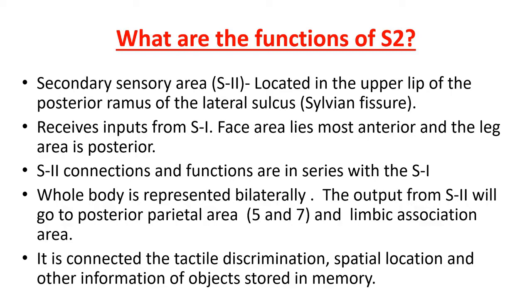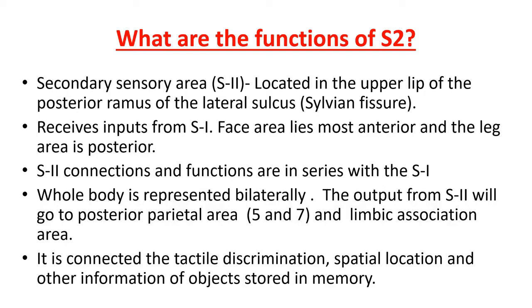In studies, it has been shown that S2 alone cannot understand; if there are no inputs from S1, it will not process any sensory modality. So it requires the input from S1, and then it refines and gives further attributes of the sensation.